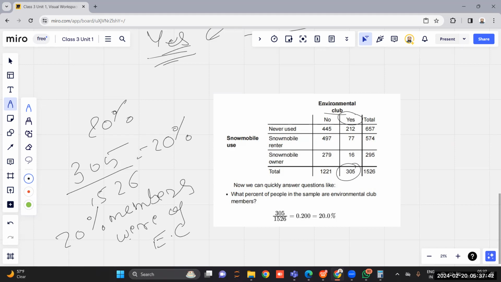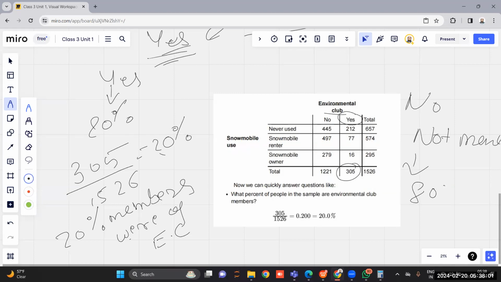If I ask in percentage how many were not members, there are generally two categories, yes and no. Yes came for 20%, so no will be 100 minus 20, that's 80%. Correct?